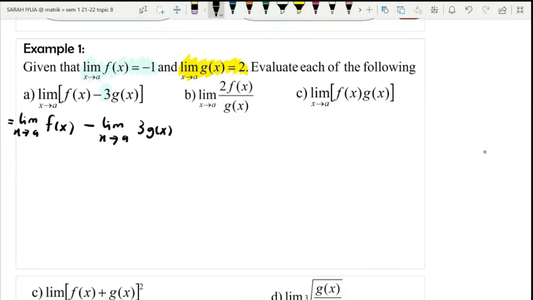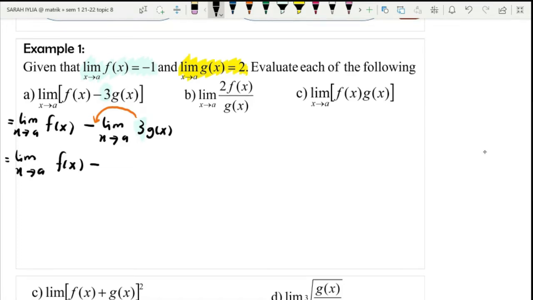Saya pecahkan je jadi limit first function minus limit second function. And then as I said just now, we have scalar here 3. So 3 tu kita boleh bawa keluar outside of limit function. Okay, so this would be equal to, yang first tu kita tak tukar.